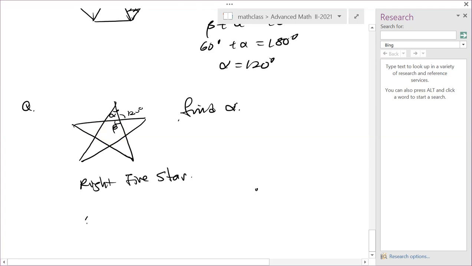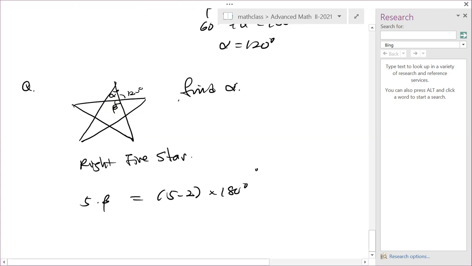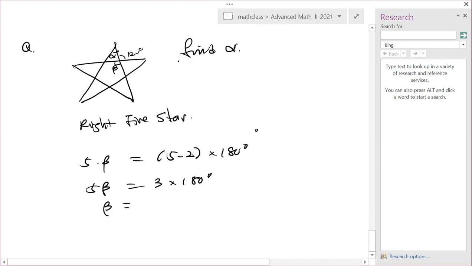So 5 times beta, the sum of the 5 interior angles, is going to be 5 minus 2 times 180 degrees. So 5 beta equals 3 times 180 degrees. So beta is going to be, you divide by 5.